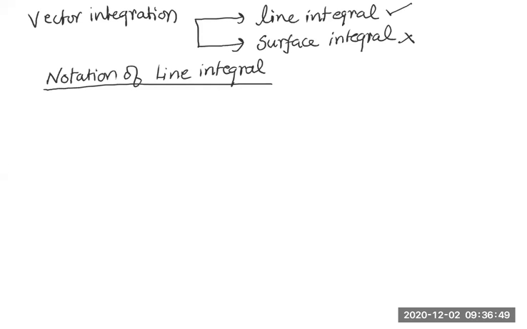Yes, good. So the notation of the line integral is like this: integration sign, and then we have f dot dl, from ri to rf. This is how you write a line integral.